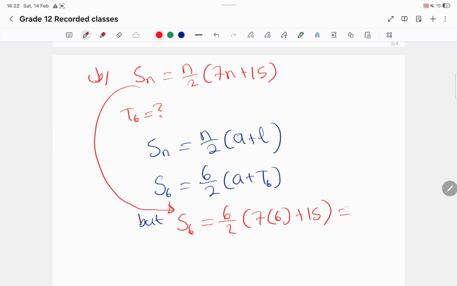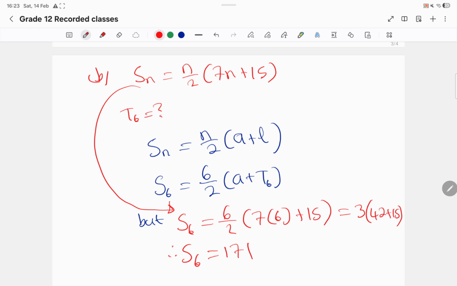This is the time where you have to use all the resources that you've been given. So this is 3 into (42 plus 15). Therefore, our S6 is 171, meaning that when you add the first 6 terms, you will get 171.